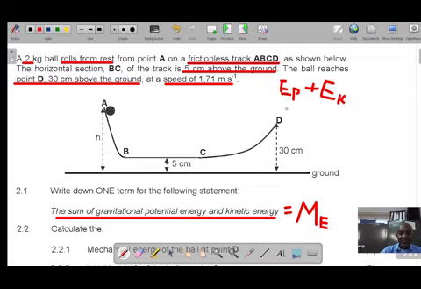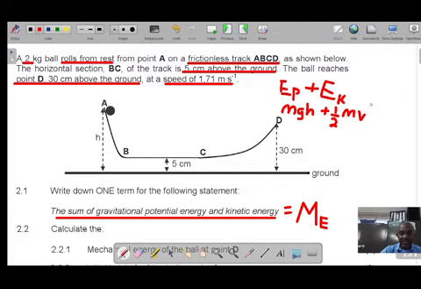How do you find EP? By using m, that's mass, times gravity, times height at point D. What about EK? By having a half multiplied by the mass, times speed squared.